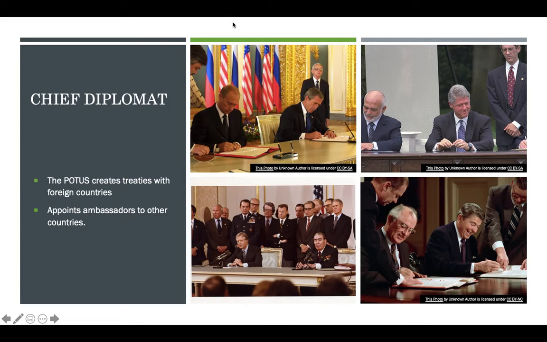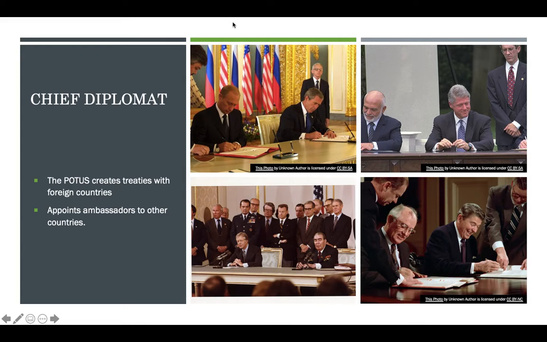So the chief diplomat of our country is our president, and as you can see by these pictures, we've got President Bush with Vladimir Putin, and President Clinton with some leaders from the Middle East. My picture got cropped off.